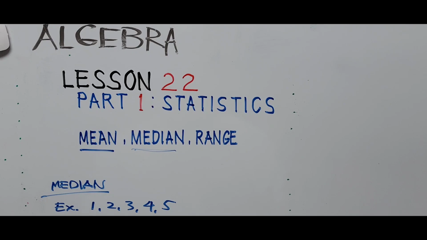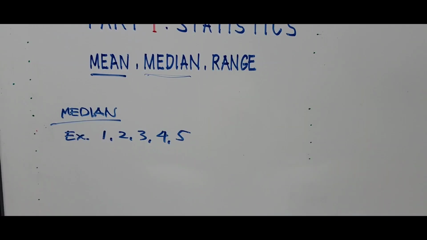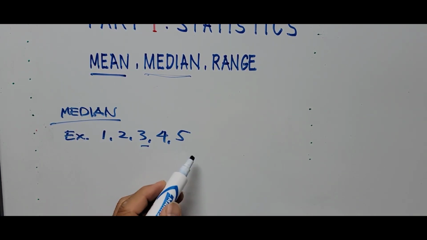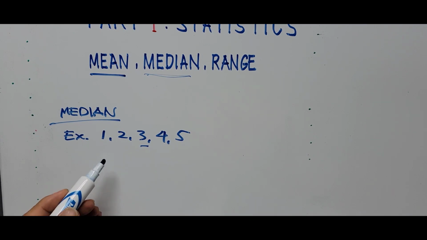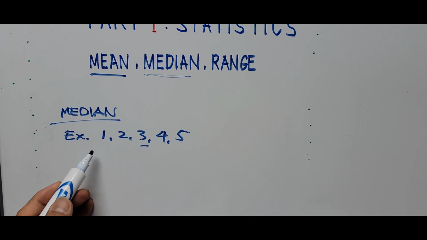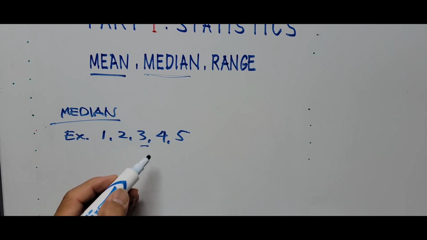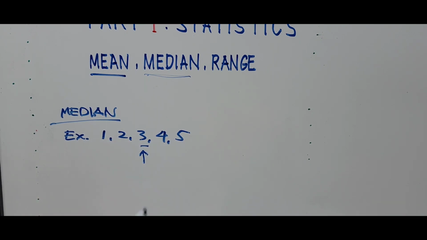So we have 5 values in the set. When we talk about median, we refer to the middle number after all those numbers are arranged from least to greatest. So 1, 2, 3, 4, 5. The middle number is the median.